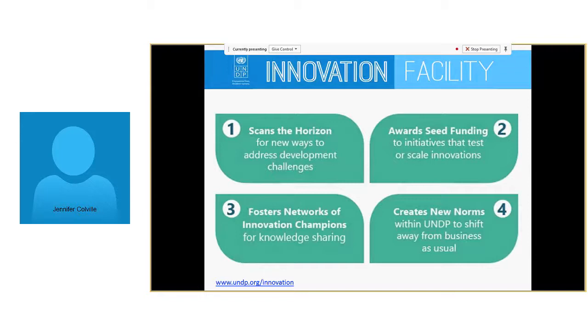As many of you know, we also award some minimal seed funding to help country offices experiment with new kinds of approaches. And importantly, it is around this idea of creating new norms.